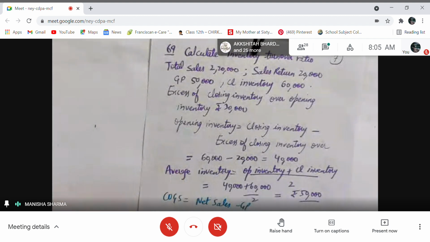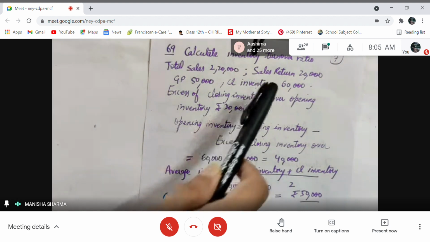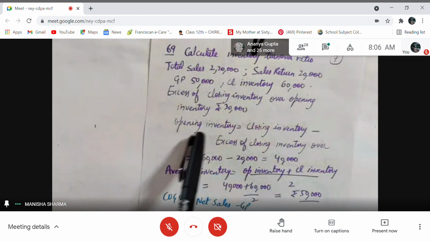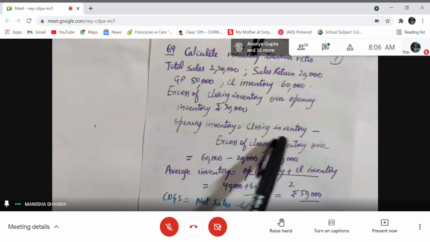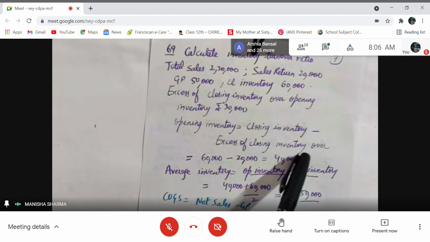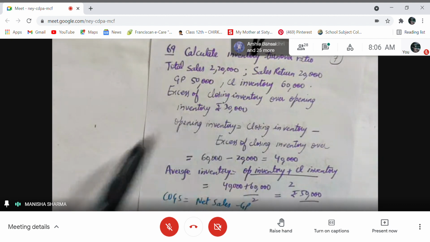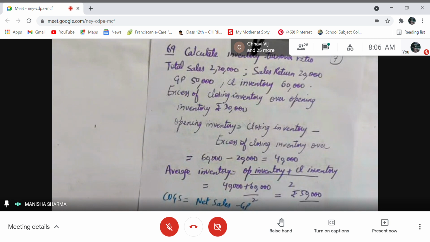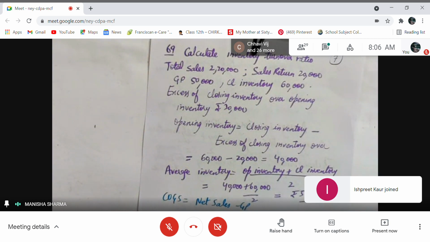You have to understand this. Opening inventory is closing inventory minus the excess of closing inventory over opening inventory. They have given you that 20,000 excess is there, so closing inventory is 20,000 more than the opening inventory.